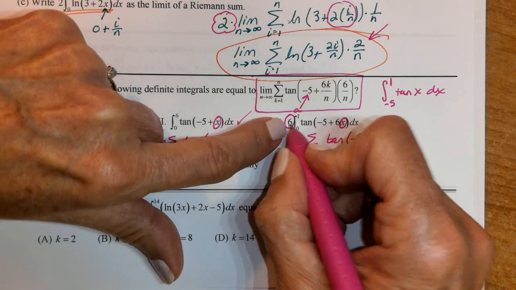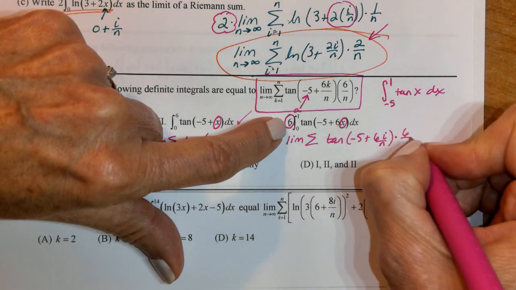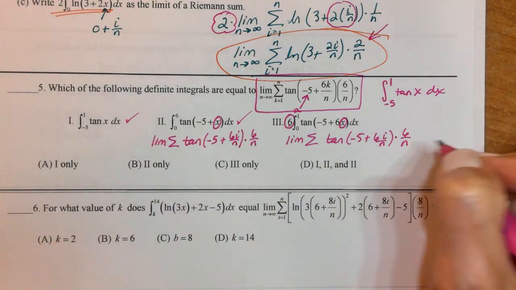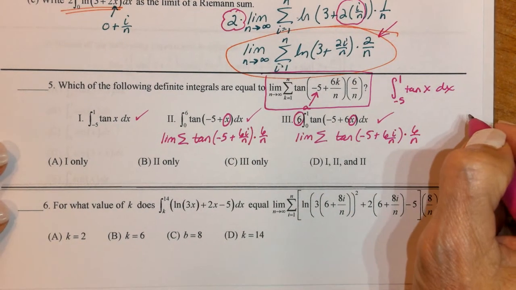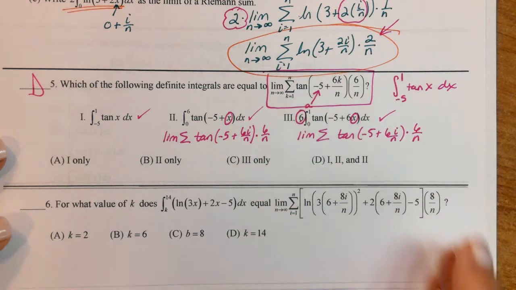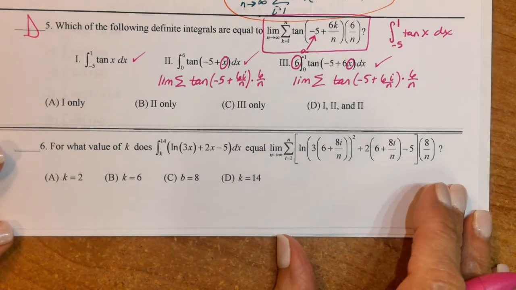But now I'm going to pull in the 6 and make it 6 over n. And again, that's the same thing. So all three of these work. Kind of crazy, huh?